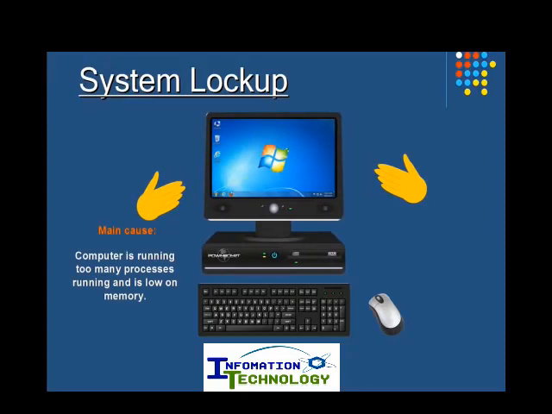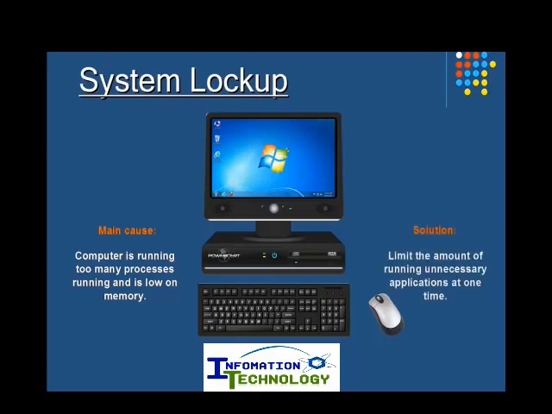And if this happens, sometimes the computer will recover and resume normally after a certain period of time. Or if it doesn't, you may have to reboot the computer. So to avoid this problem in the future, try to limit the amount of running unnecessary applications at one time and only use what you need.